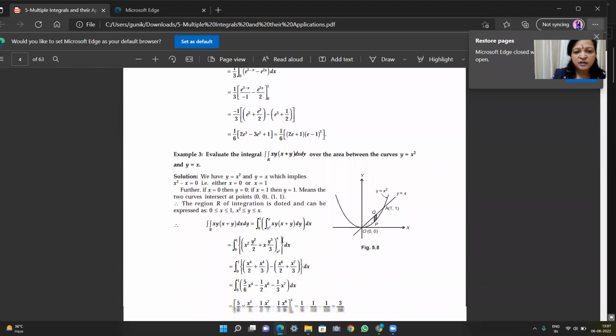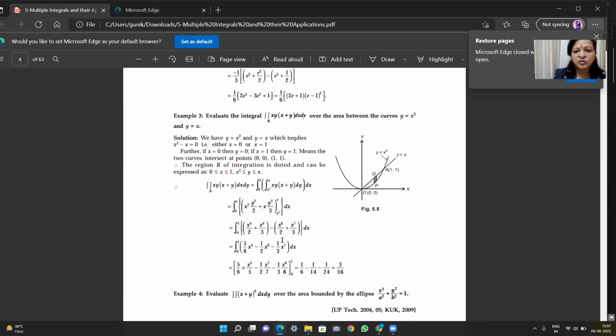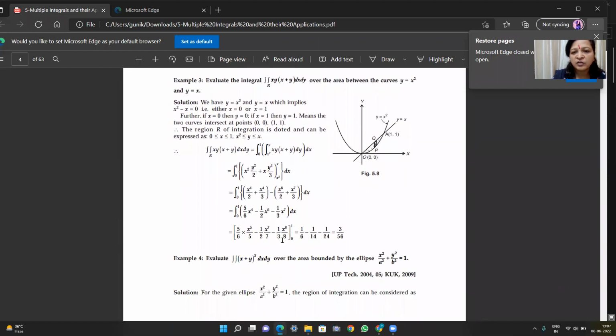The same way, there is a third example. Evaluate this integral over the area between the curve y equal to x square and y equal to x. Now y equal to x square is this parabola and y equal to x is this straight line. First, we find the point of intersection. For the point of intersection, we equate these two equations.